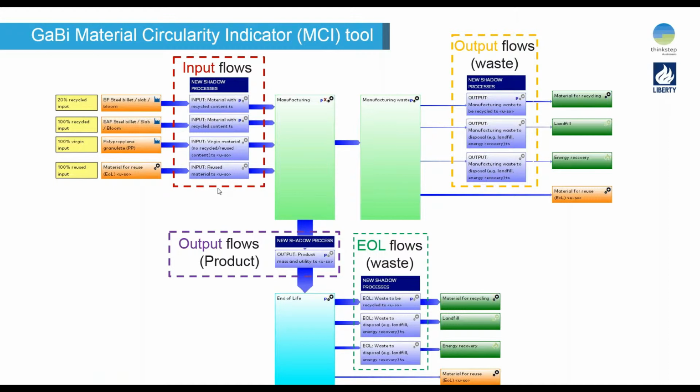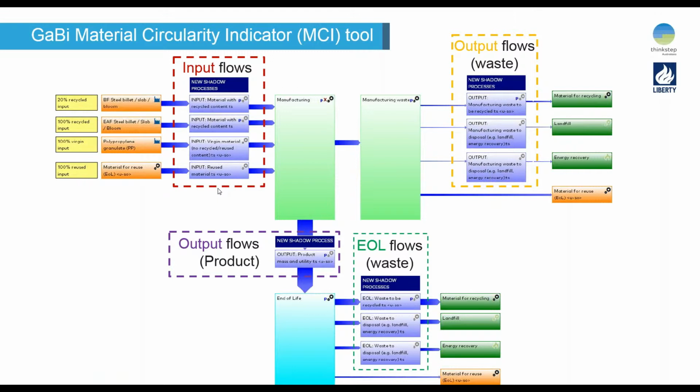It's all parameterized so that you can reflect the specific details directly, and then also make changes to understand how the overall result would change depending on, for instance, if your steel was coming from a recycled source rather than virgin. And it then outputs a material circularity report, as well as all of the other normal indicators that you get with a life cycle assessment.